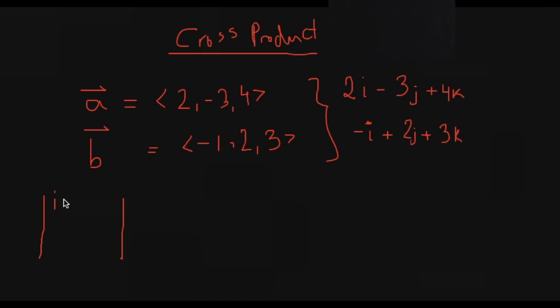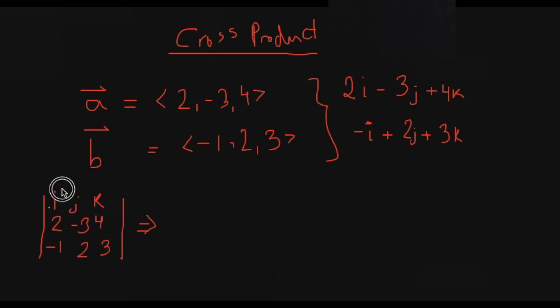We always put i, j, and k along the top, and the values are going to go underneath. So we have 2i minus 3j and 4k, and then we have negative 1i plus 2j and 3k. So the i's are in this column, and j's in this column, and k's in this column. So make sure when you write out your ijk equation, it should be i's first, followed by j's, then followed by k. So how do we find the cross product with this?